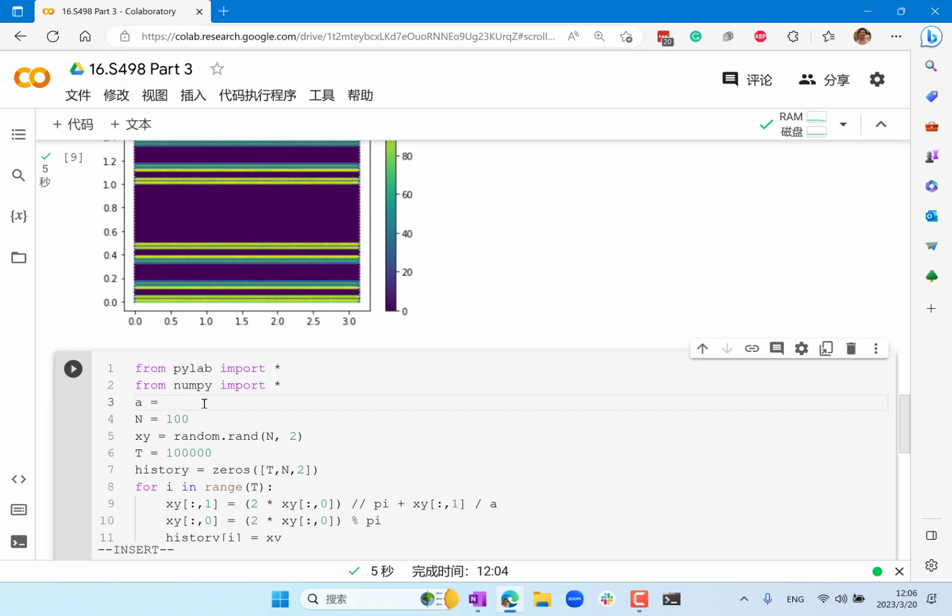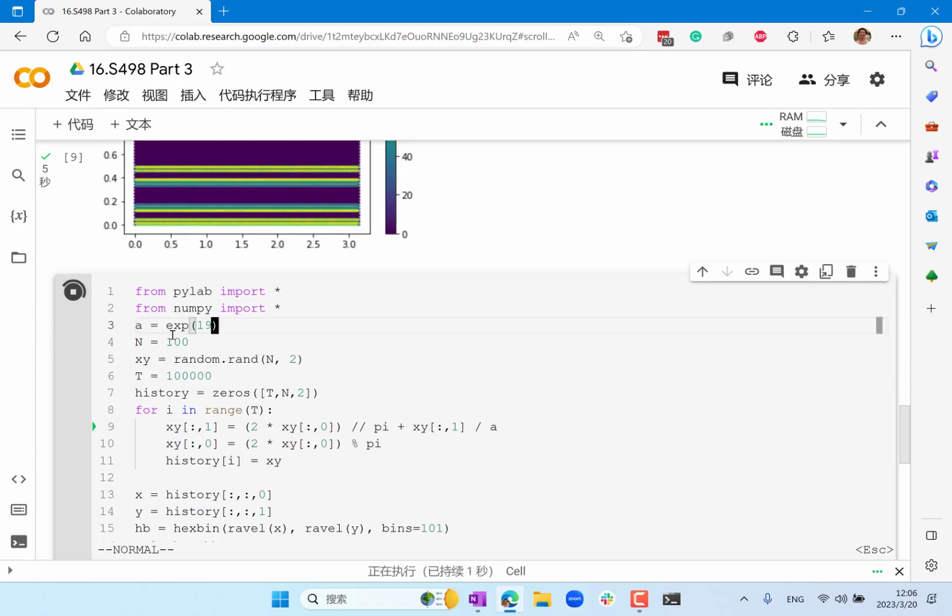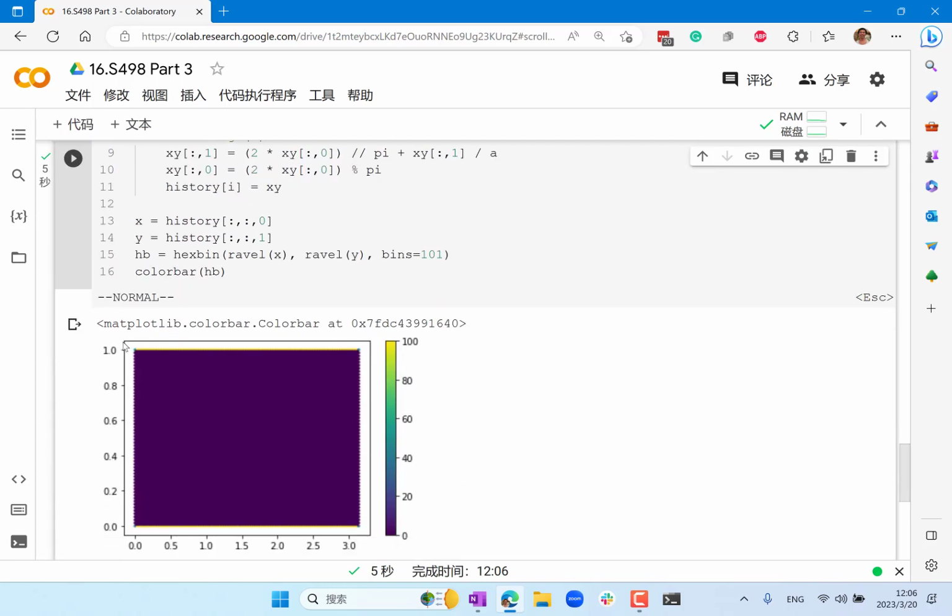Remember, the Lyapunov exponent is minus log a, and the Lorentz equation, in the standard parameter range, has a negative Lyapunov exponent of almost minus 19. All right. So for example, if we take e to the 19, which is going to give us minus 19 as the Lyapunov exponent, we do see it's almost going to be a one-dimensional ergodic distribution.